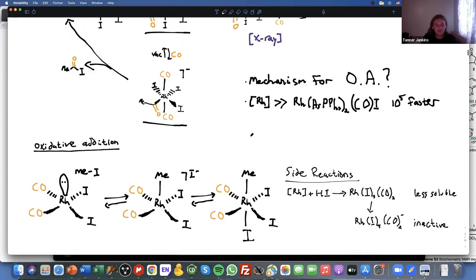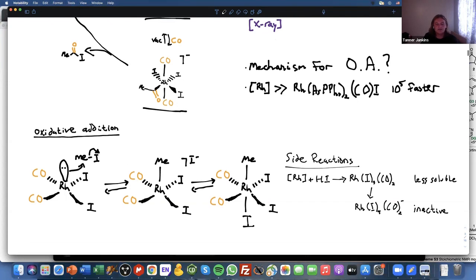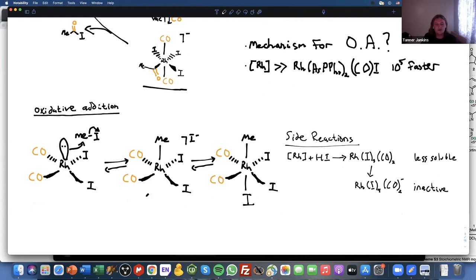And so indeed, that's the case where you simply get attack of the anionic rhodium on methyl iodide to form first the square pyramidal methyl rhodium 3 species, which can then undergo a rebound from the outer sphere coordinated iodide to form the octahedral intermediate here.